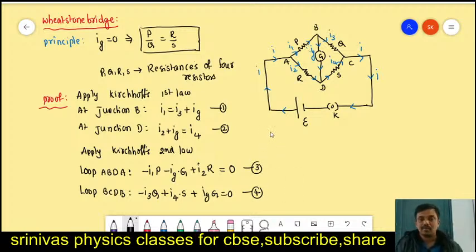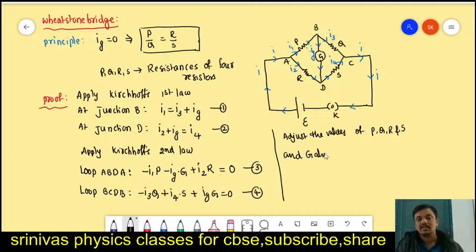Okay, now what we have to do, we have to do a little thing, that is adjust the values of P, Q, R and S. Adjust the values of P, Q, R, S and make galvanometer deflection as 0.